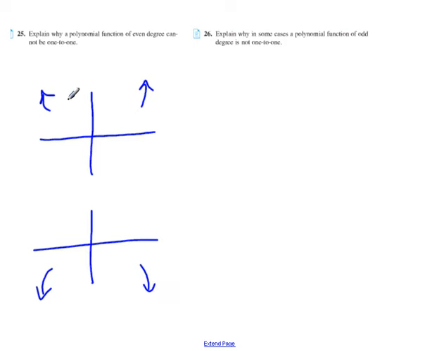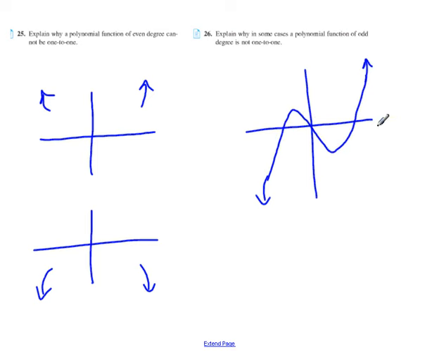And because of that, your function is not going to be 1 to 1 because the end behavior is the same. Explain why in some cases a polynomial function of odd degree is not 1 to 1. Well, when it's odd degree, all we know is that the end behavior is opposite. In between there, it can actually repeat the y values, right? And so that would not be 1 to 1.